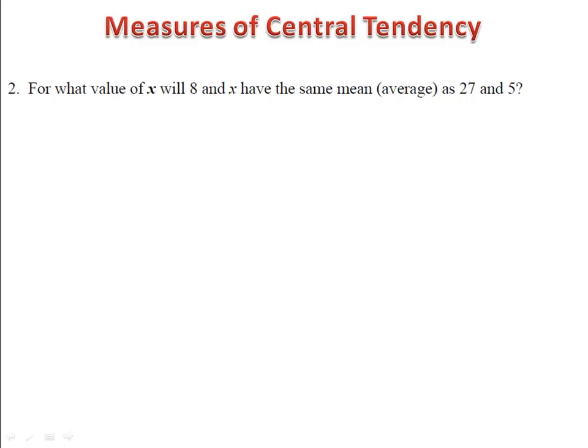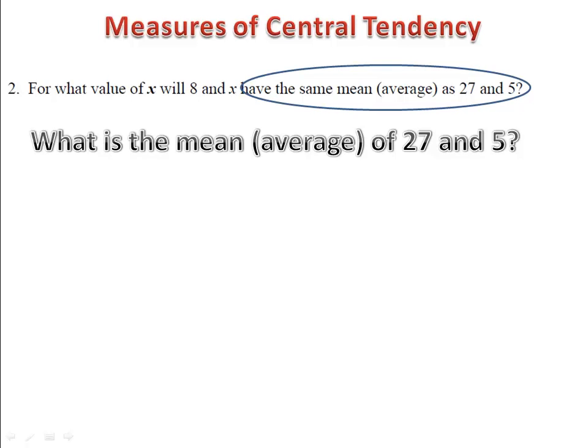In example 2, we want to find the value of x so that the average of 8 and x is the same as the average of 27 and 5. So the first question is, what is the average of 27 and 5? Well, the average of 27 and 5 is 16.